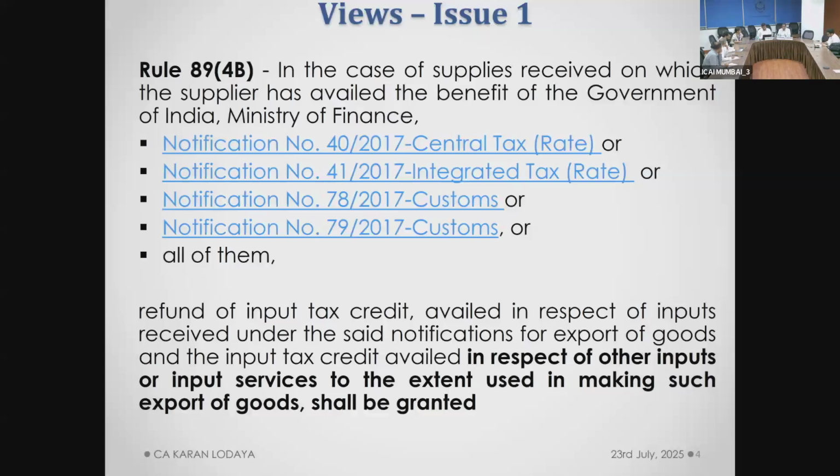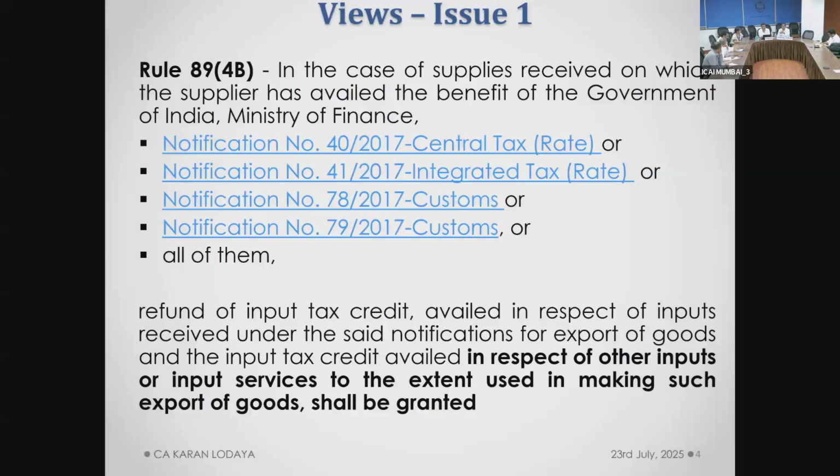Now, if you see the background, why was 89.4B inserted? Did trade go and tell them, sir, this is my advance authorization export, my credit is higher, but under the rule I am getting lower in 89.4, therefore give me an alternate mechanism?